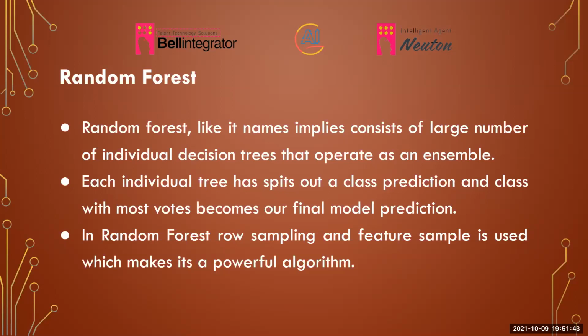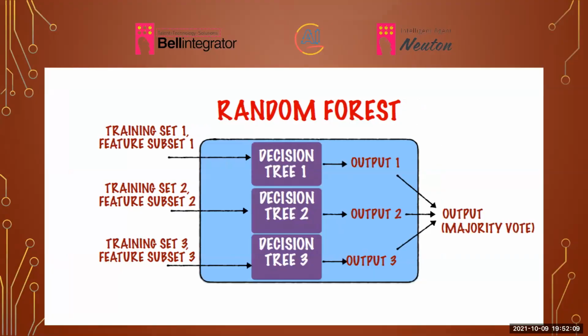Unlike in bagging, in random forest we don't only sample the rows, we sample the features also. Let's take an example. We have features F1 to F5, and a certain number of rows. We provide the first model a certain number of samples as rows, and F1, F2, and F3 as a feature subset.